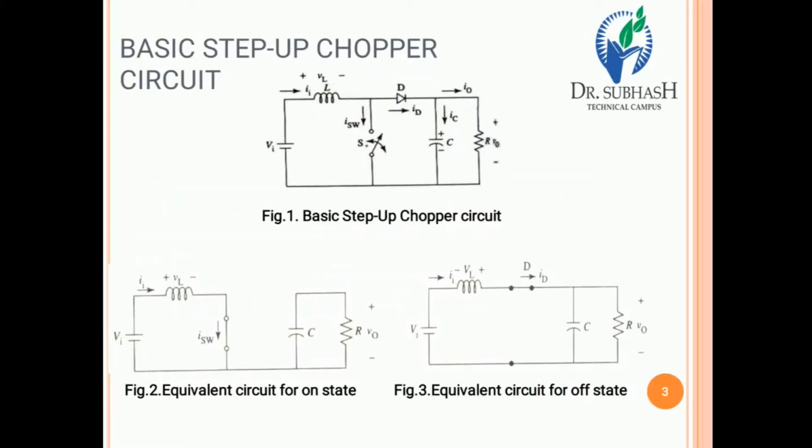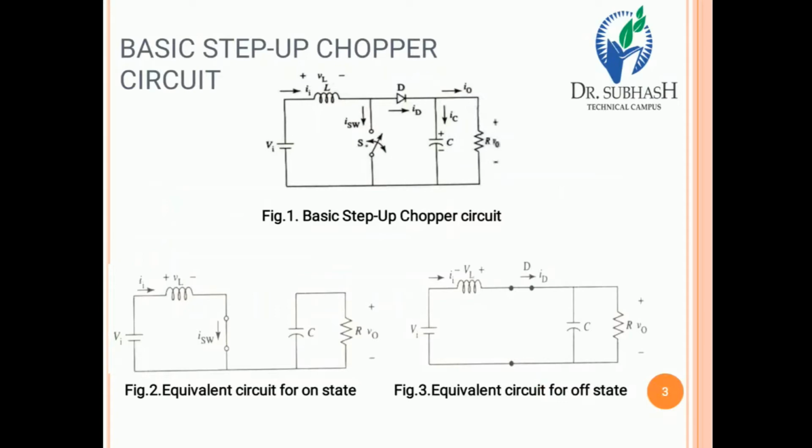Now, for the basic step up chopper circuit, in figure 1 we draw the basic step up chopper circuit. In a step down converter we put the switch in series with the input source.